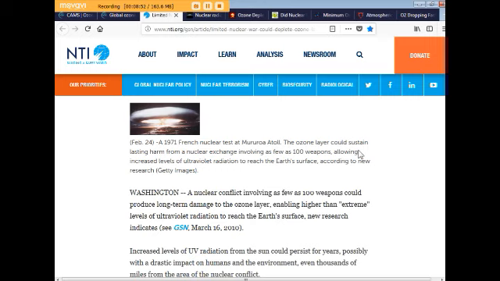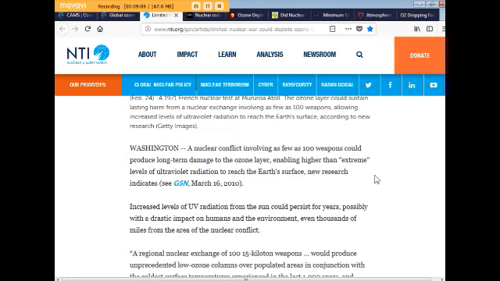The ozone layer could sustain lasting harm from a nuclear exchange involving as few as 100 weapons, allowing increased levels of ultraviolet radiation to reach the Earth's surface, according to new research. And this is from Washington.